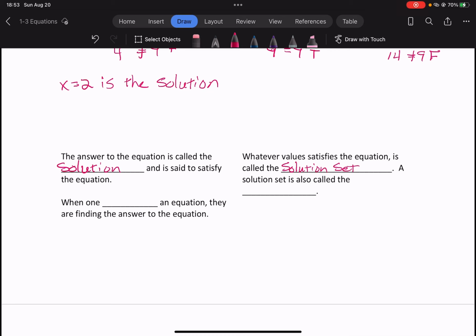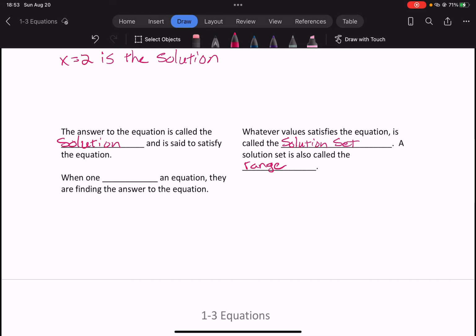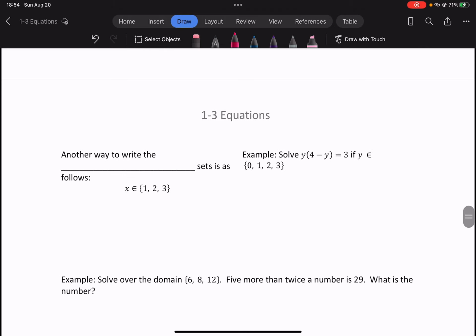And the solution set is called the range. And so when one solves an equation, they're actually just finding the answer. So we use the word solve to find an answer.